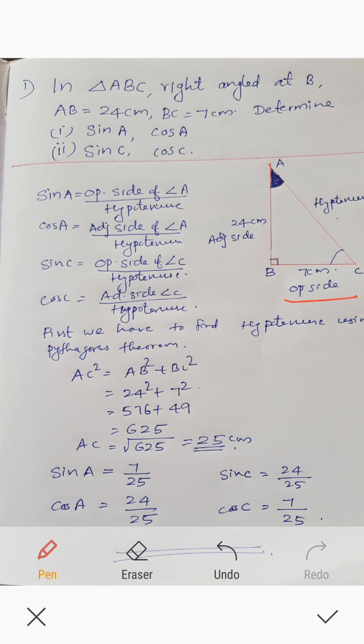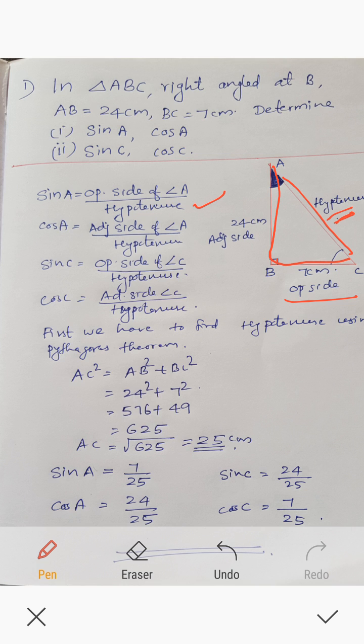And we know very well sine ratio is the ratio of opposite side of angle A to hypotenuse. So it is compulsory that we find the length of the hypotenuse. And this being a right triangle, how can we find the length of hypotenuse? We have to find it using Pythagoras theorem.